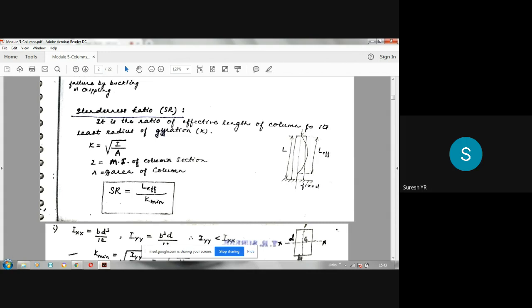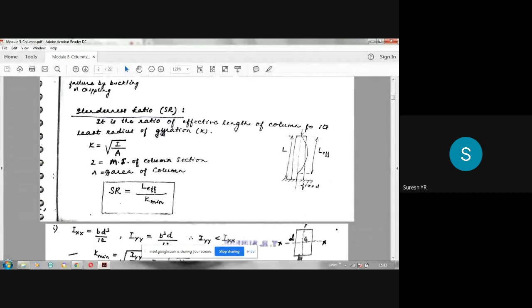Coming to the rectangular section, with width B and depth D, IXX will be BD cube by 12 and IYY will be DB cube by 12. Please make a note of that. You have to calculate both, and whichever is minimum is taken as I minimum. The square root of I minimum divided by A is called the minimum radius of gyration.